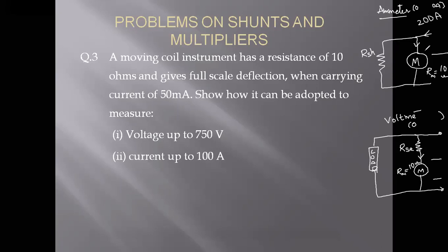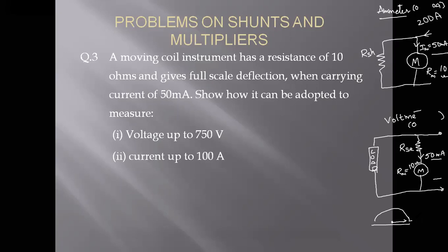And current through meter Im is given. Im is 50 milliamperes. Here also the current is 50 milliamperes. Then when 50 milliamperes flows, the meter will show full scale deflection. That means if this is the pointer, the pointer will be showing full scale deflection.